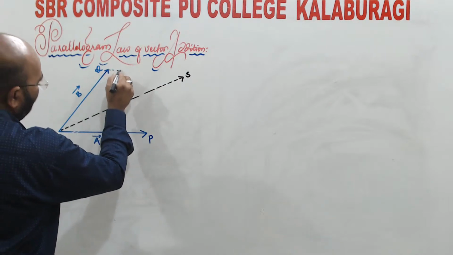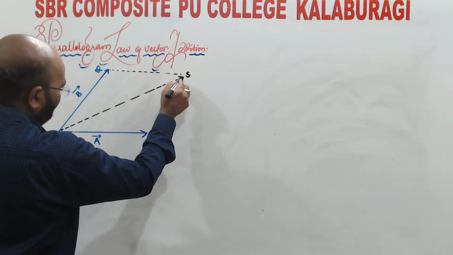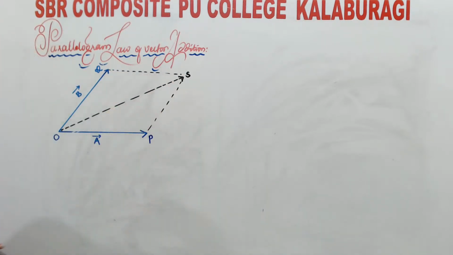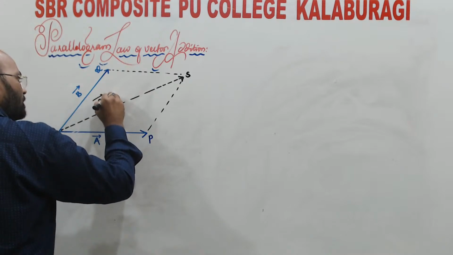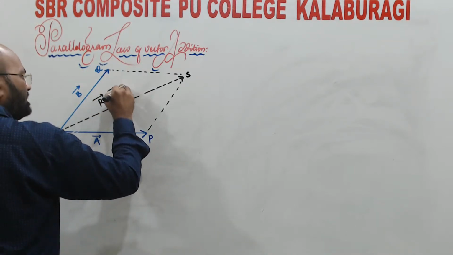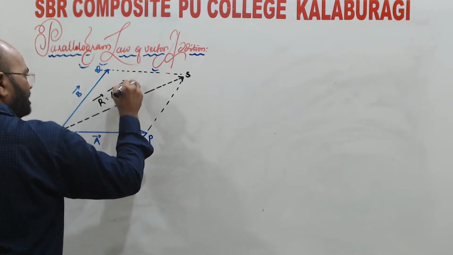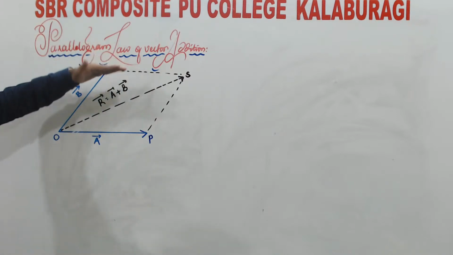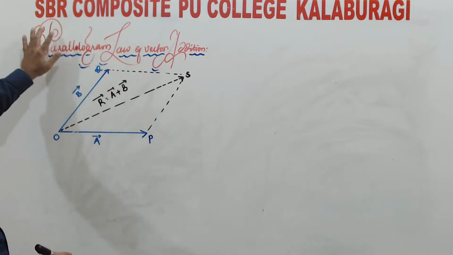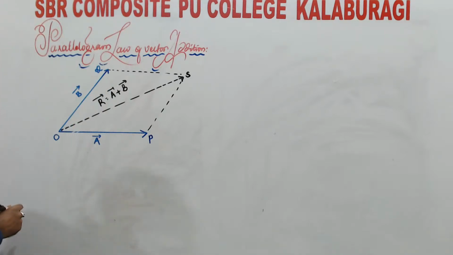Now you join these points, and you will get a parallelogram. Here this is called the resultant. The resultant is given as vector R equals vector A plus vector B. This makes an angle, as you know very well. So this is the representation of parallelogram of vector addition.